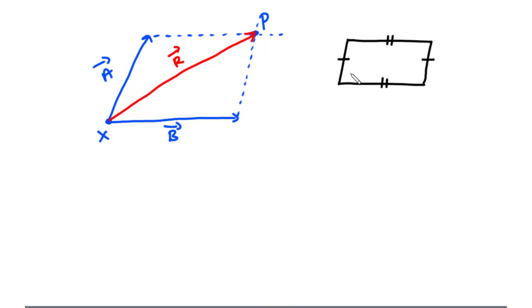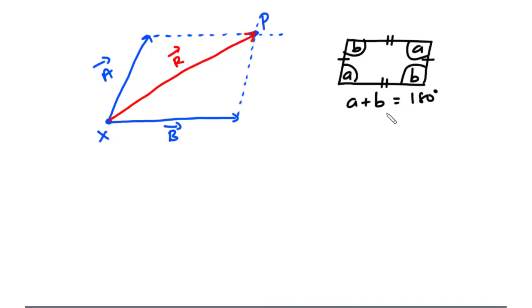So if you have this angle to be angle A, then opposite of this angle is also angle A. Now if you have this angle as angle B, then this angle is also angle B. So the opposite angles of a parallelogram are the same. Now angle A plus angle B gives 180. So angle A and B are supplementary angles.